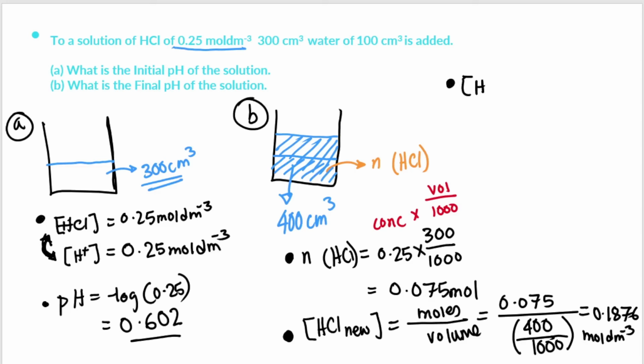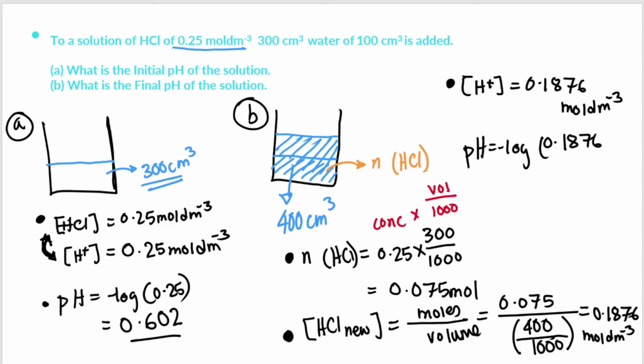Hydrogen ion concentration will now be 0.1876 mole per dm cube as well. And so pH will be minus log of 0.1876, which is equal to 0.73. This is the new pH value of the final solution.